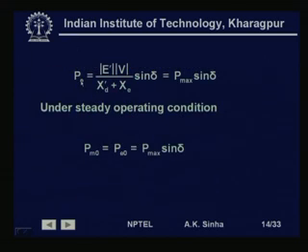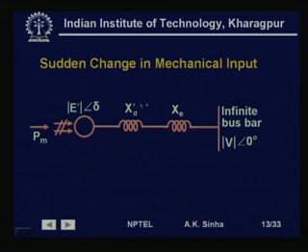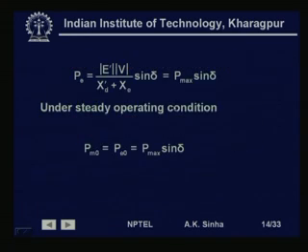Now, Pe, the electrical output from this system, will be given by E dash V by x d dash plus x c into sin delta, where the total transfer reactance is x d dash plus x c. This we call P max sin delta, because P max is the maximum power that can be transmitted on this system.